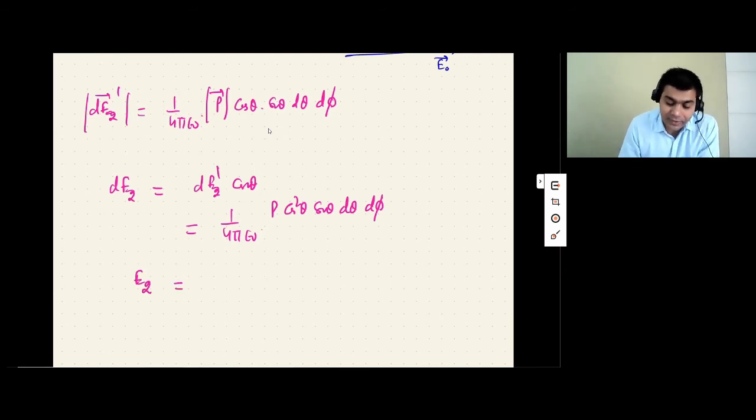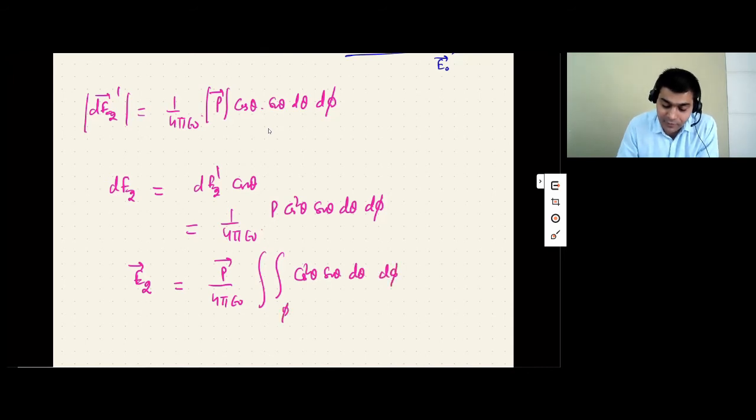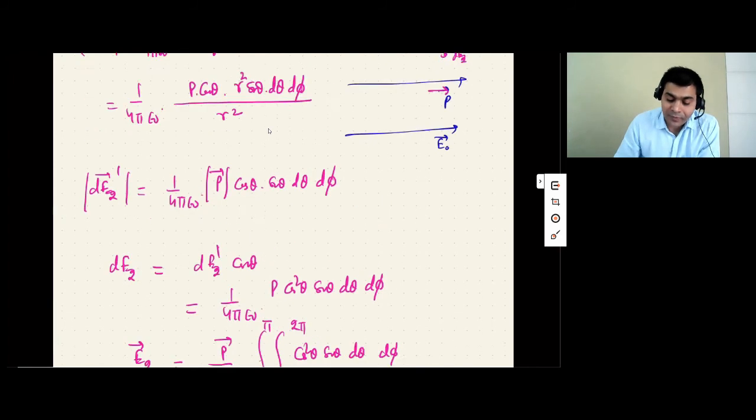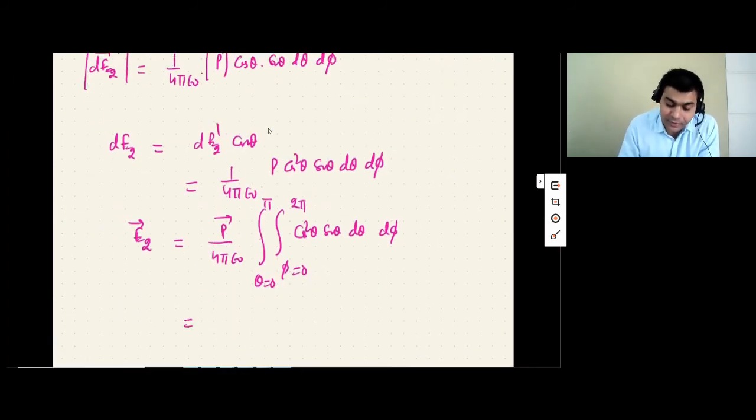When I integrate it to find out E2, I have considered P to be uniform, so I can take that out, and I put a vector sign now. I will have cos squared theta sine theta d theta d phi, where phi goes from 0 to 2 pi and theta goes from 0 to pi. Now integration of d phi is 2 pi, so I will get P over 2 epsilon naught, and the integration from 0 to pi of cos squared theta sine theta d theta.